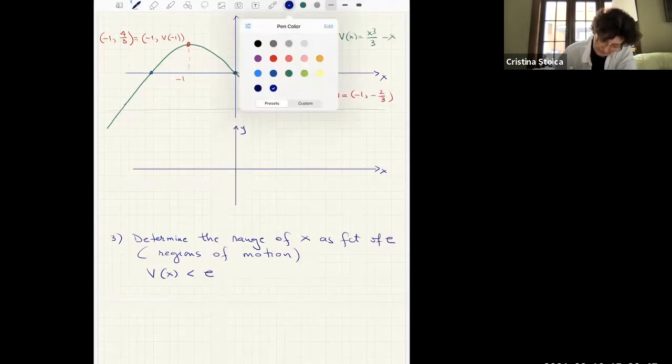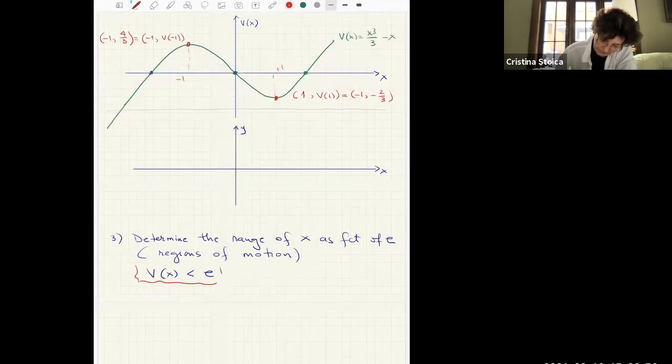That's the key. So let's say A: if E is less than -2/3, so that level there.